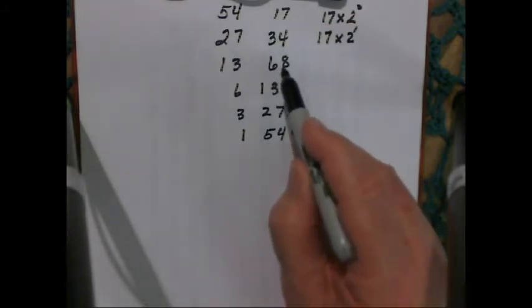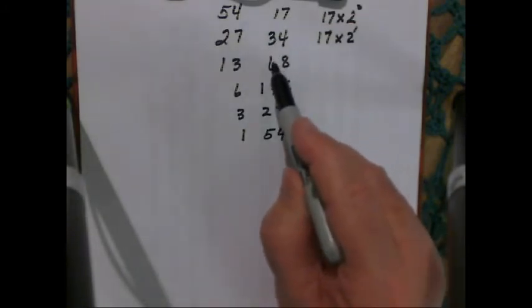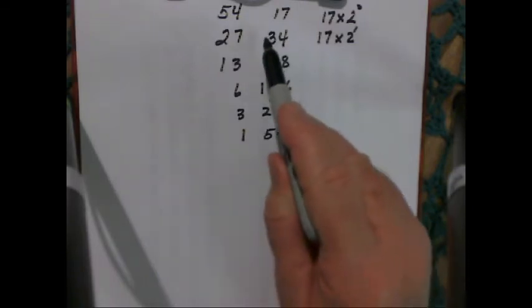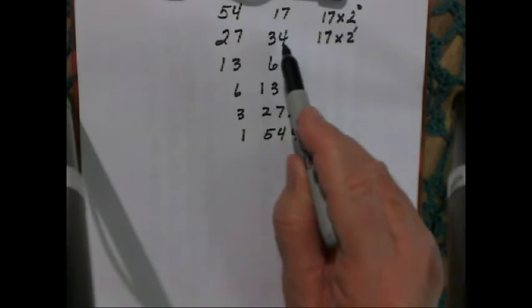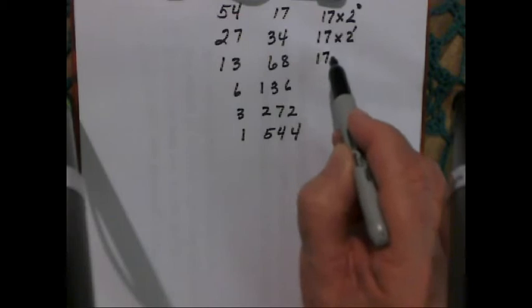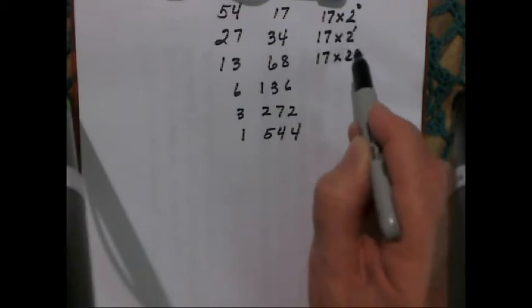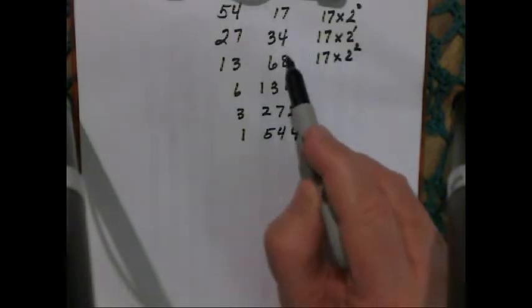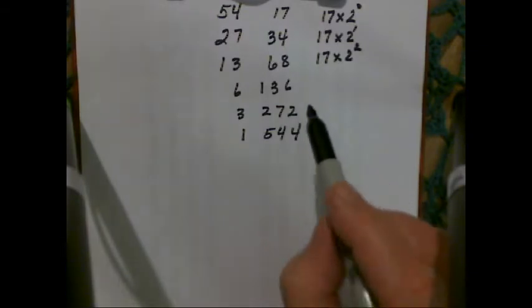Now to get the next number, I doubled the 34, and I got 68, but this was already 17 times 2, so to double that, the 68 we see would be 17 times 2 to the second power, which would be 17 times 4. 17 times 2 multiplied by 2 again, you've got 17 times 4.